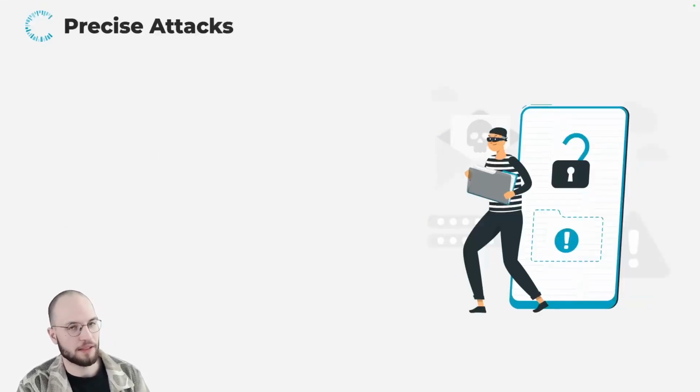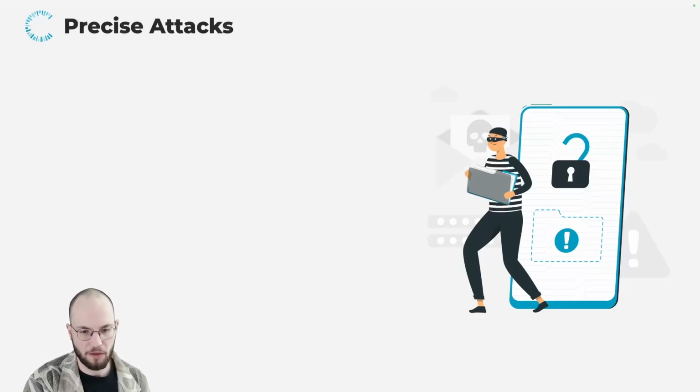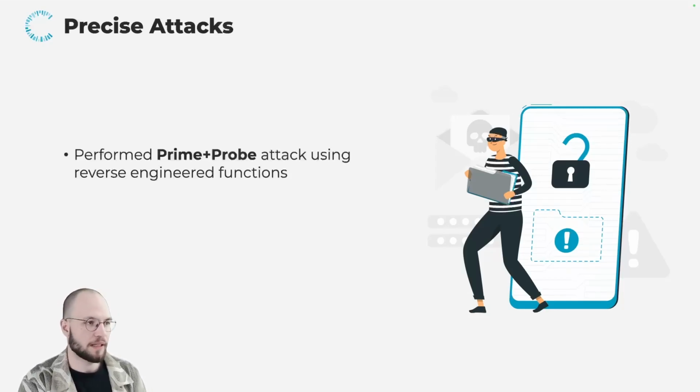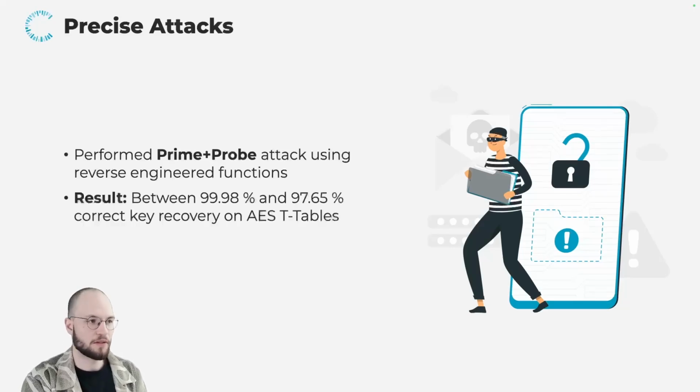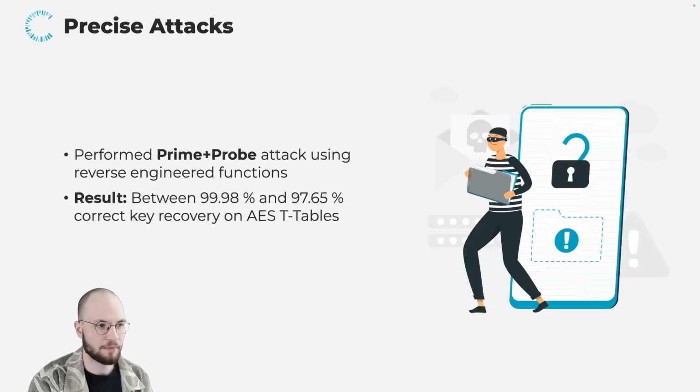I said before that an attacker that knows about these hardware configurations and these microarchitecture hash functions can mount more efficient attacks. And so we showed that prime and probe attacks can be performed using these reverse engineered functions, and they had very, very good accuracy out of the box, with between 97 and 99% of correct key recovery if you use a vulnerable AES T-table implementation.